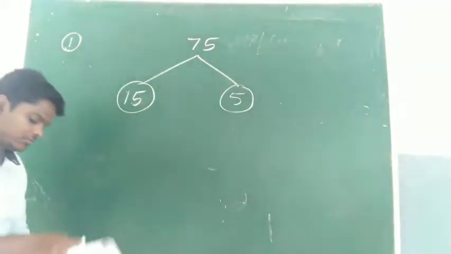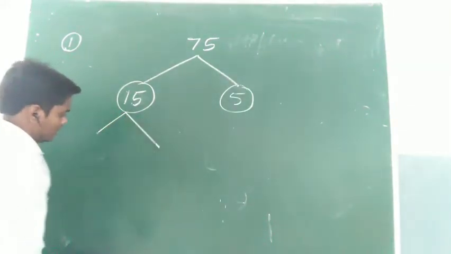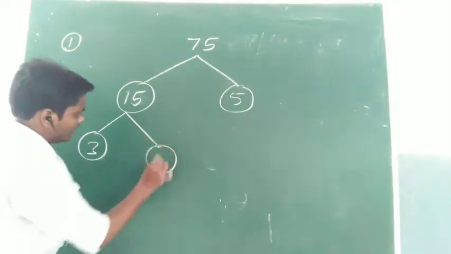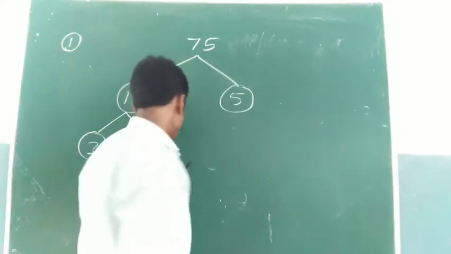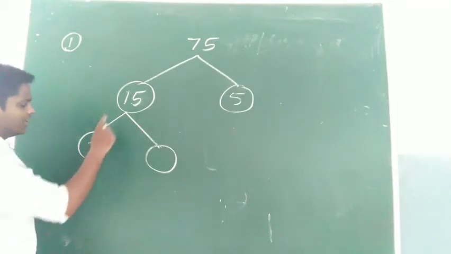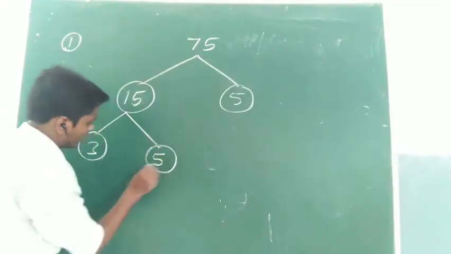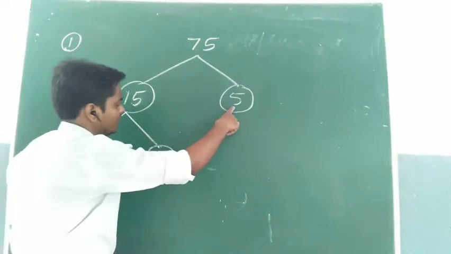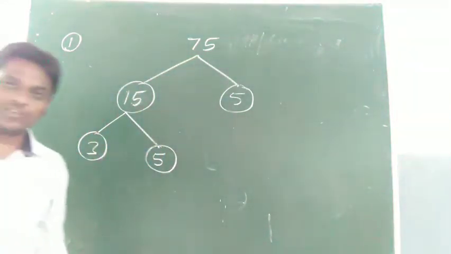After that, this branch will be divided in two. One is 3, so what will be here? Tell me your answer. 15 is divided into two branches, one is 3 and one will be 5. 3 multiplied by 5 gives 15, and 15 and 5 multiplied give 75. Now it is a complete factor tree.